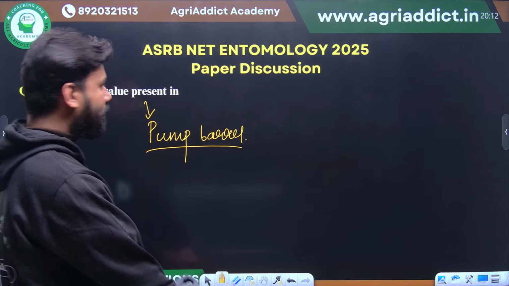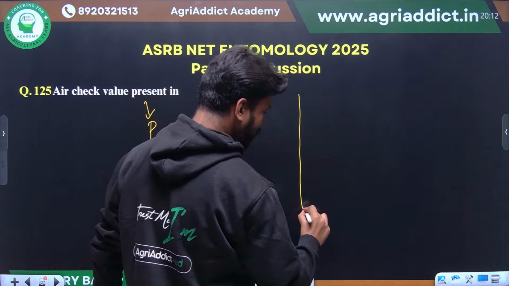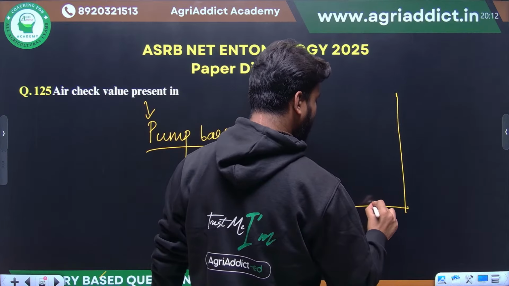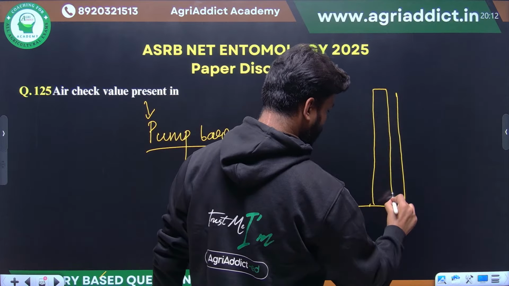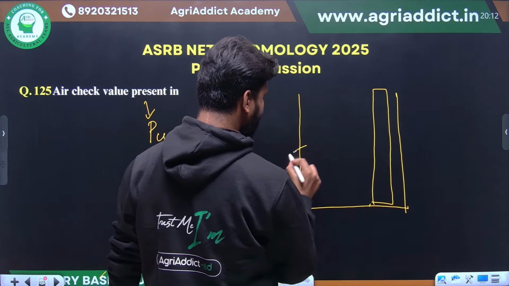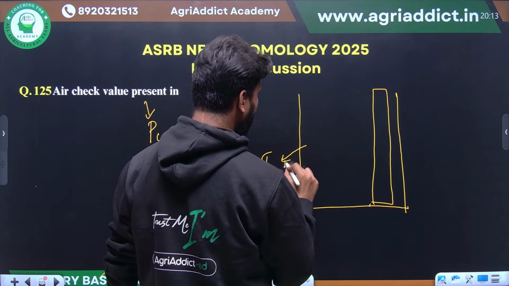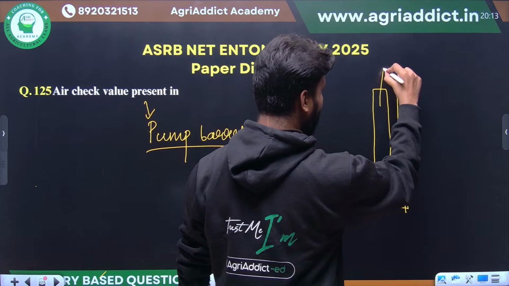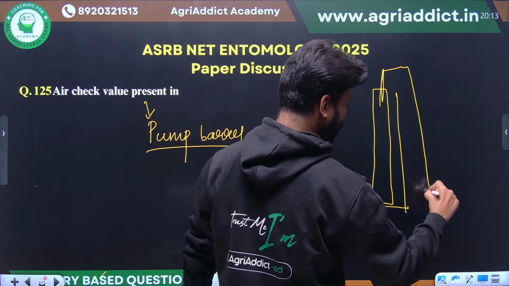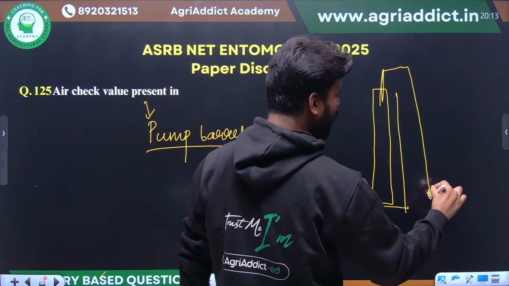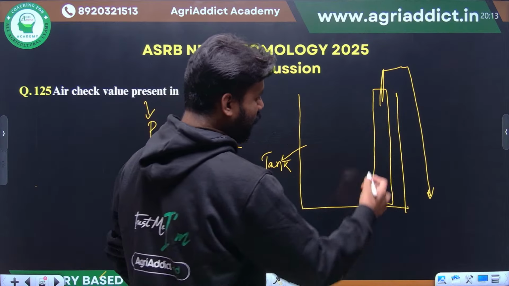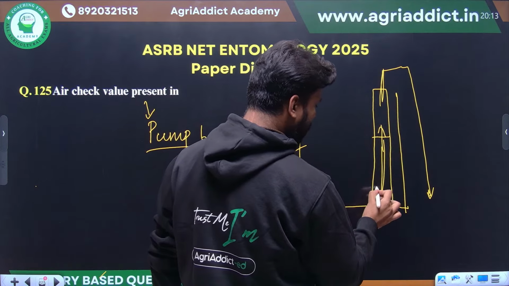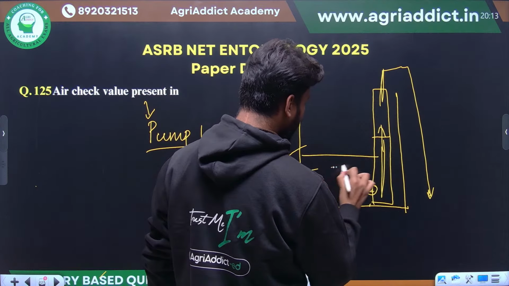So how does the air check valve work? Suppose this is a sprayer. One barrel will be there like this inside. This is the outer tank, and this is the air pump barrel. From here the handle will go, and if you give pressure here, a vacant space will be there, and a valve will be present here, and this is your spray fluid.